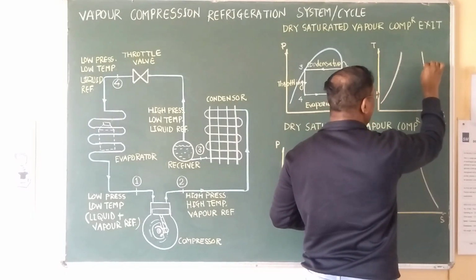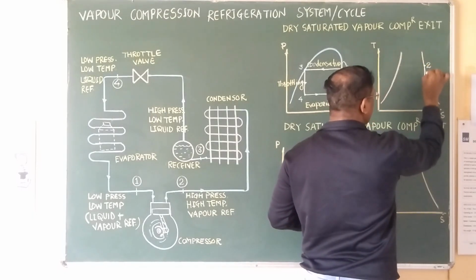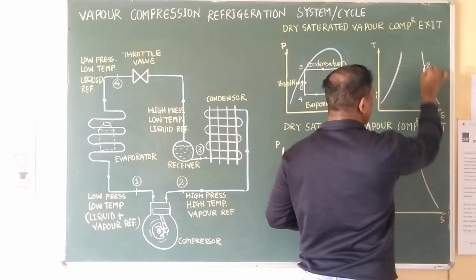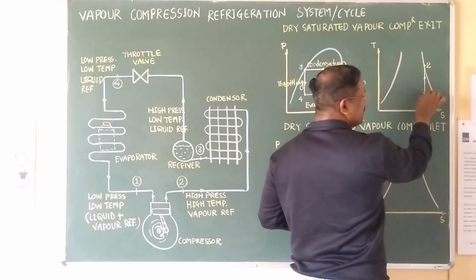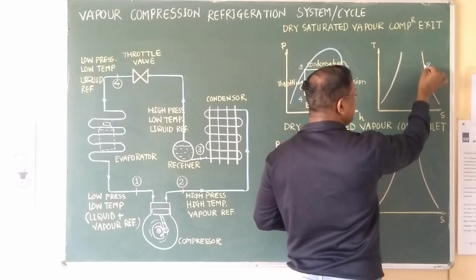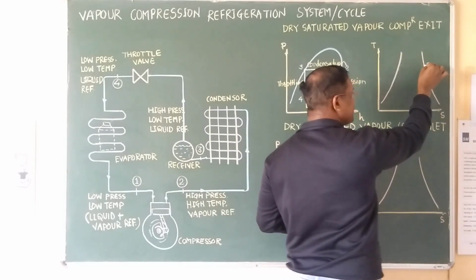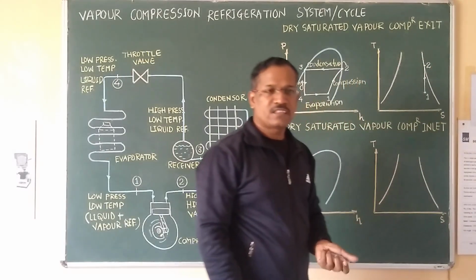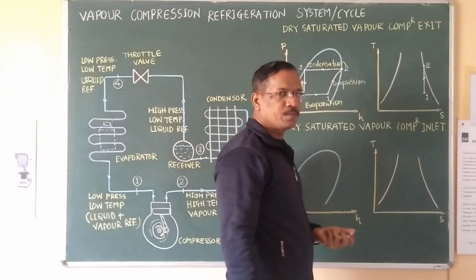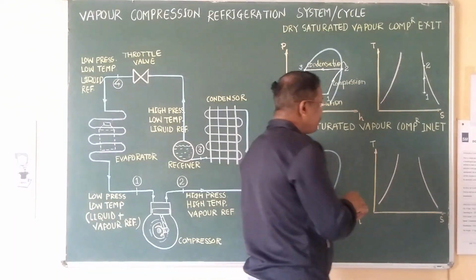So this is the end point of compression. Entropy remains the same, adiabatic compression, and it is a wet vapor. When it comes out through the compressor, it will reach a dry saturated vapor. So point 2. This is compression.